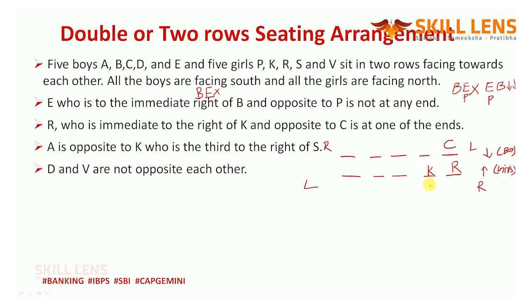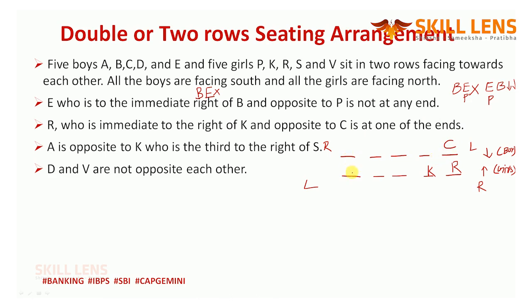Here, the point you need to understand is, you can place C here also, but if you place C here, opposite you have to place R. Once you place R here, you can't place K here, which means C definitely takes only this position so that I can fix C here.